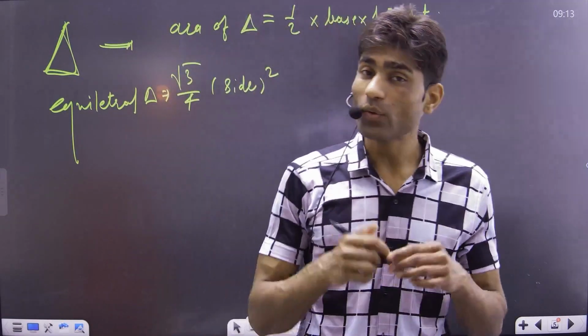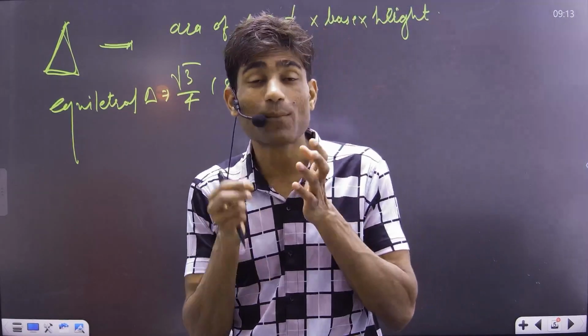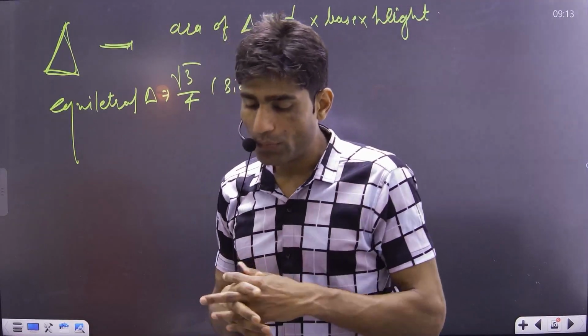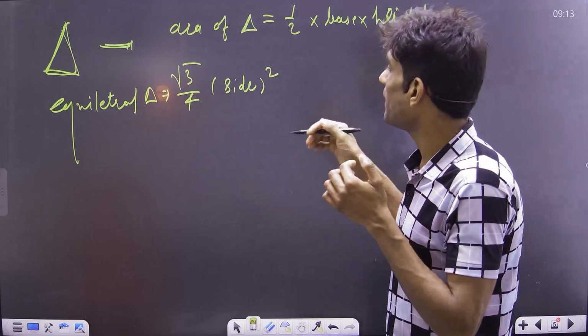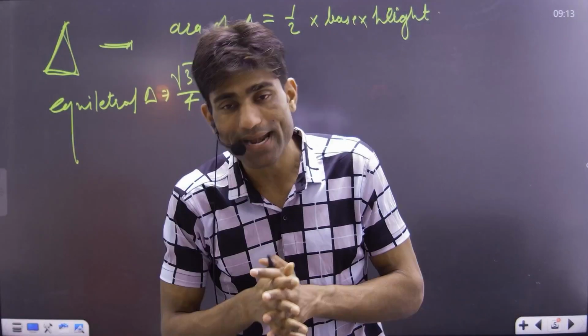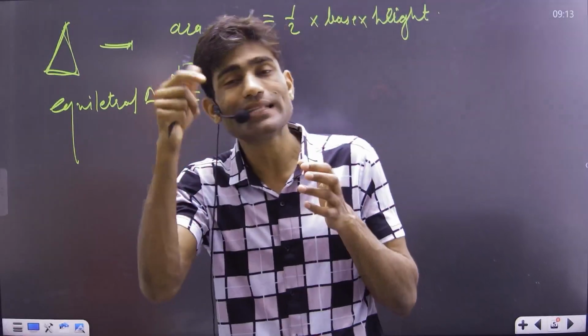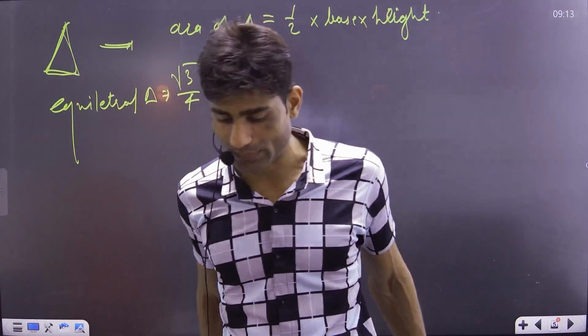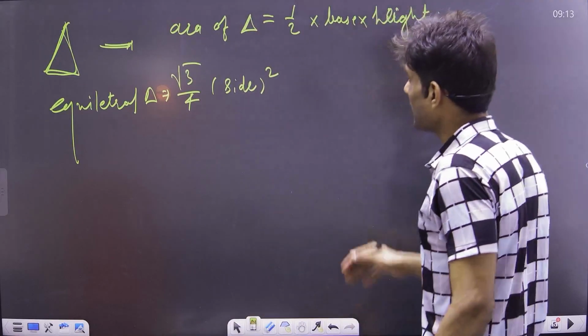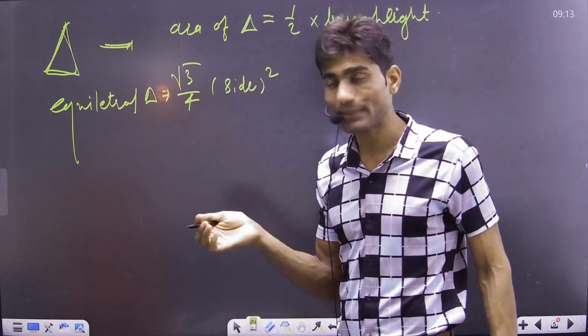And about isosceles triangle, we consider area of a triangle as base divided by 4 under square root 4 times one side square minus base square. That means equal side square minus base square.